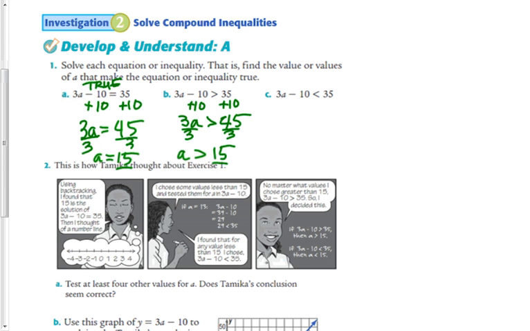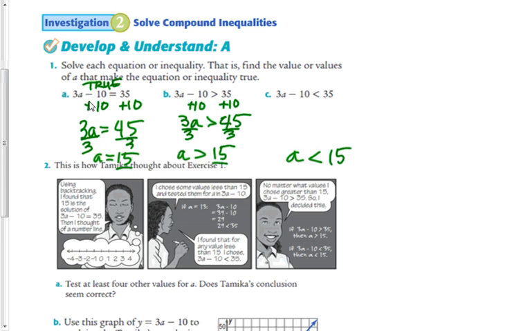Now, to get less than 35, I hope you're already thinking that it's any number less than 15, like 14, because 3 times 14 minus 10 is 42 minus 10 equals 32, and 32 is definitely less than 35.